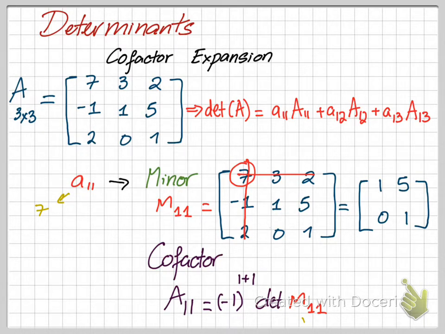Again, the cofactor big A11 equals negative 1 raised to 1 plus 1 times the determinant of M11. So how can we find the determinant of this matrix M11, which is a 2 by 2 matrix?